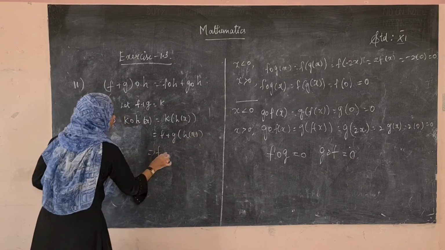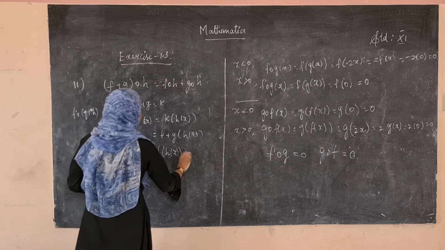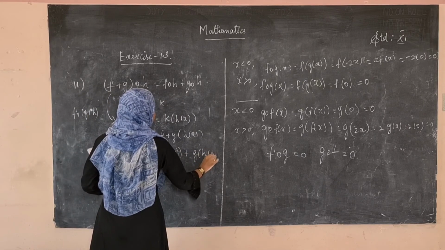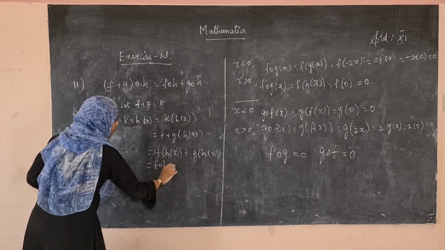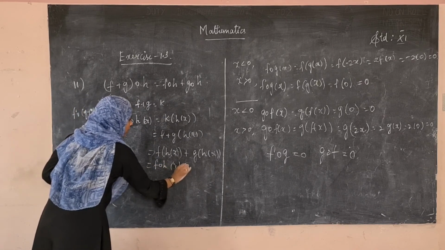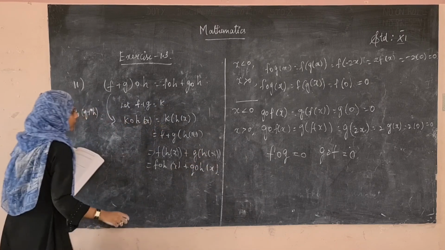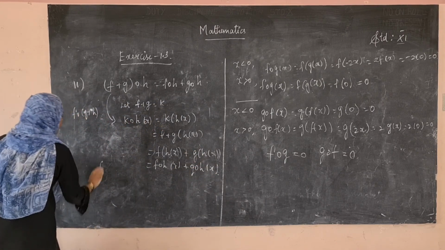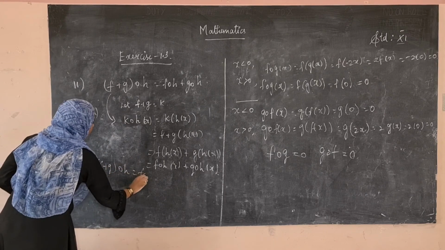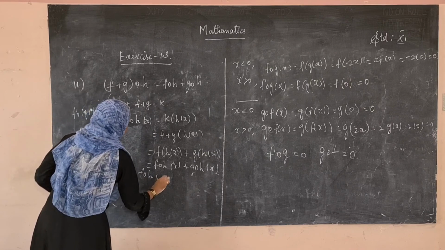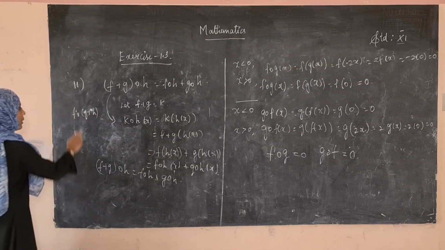This can be written as f of h of x plus g of h of x. So how can we take this? f composite h of x plus g composite h of x. Right? Therefore, f plus g composite h is equal to f composite h plus g composite h. Hence proved.